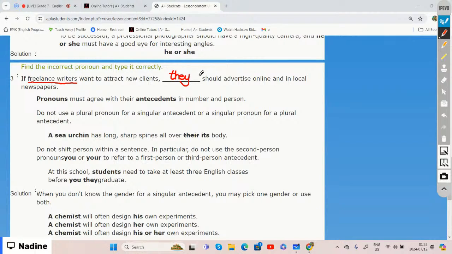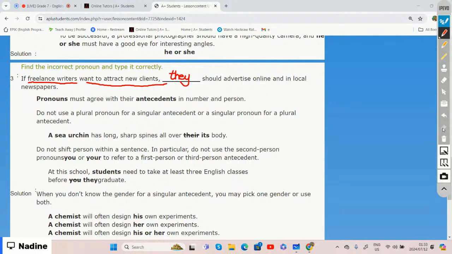So they is our correct pronoun. And the correct pronoun refers to our antecedent, which is freelance writers.